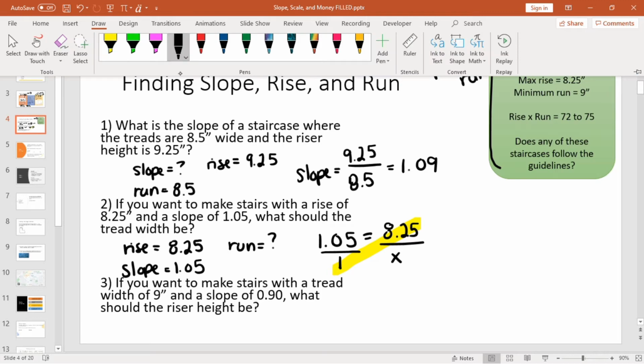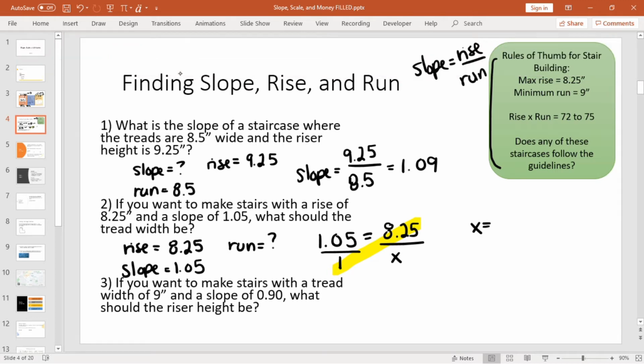So here, if I want to find x, it's going to be 8.25 times 1, which doesn't change anything, divided by 1.05. And then I will have my run is equal to 7.86 inches.